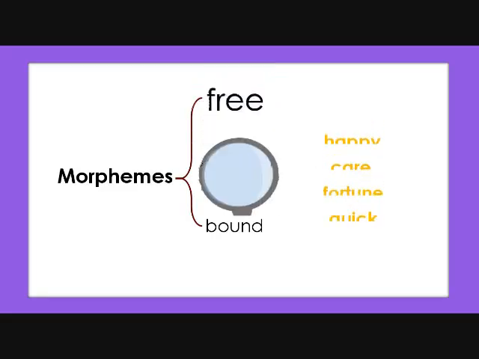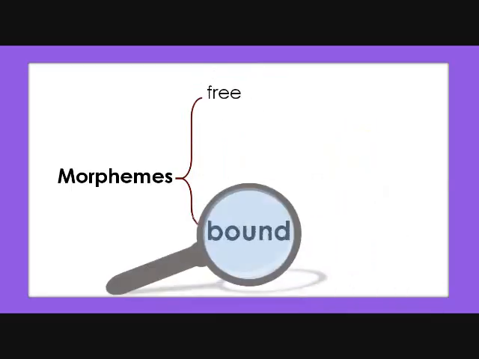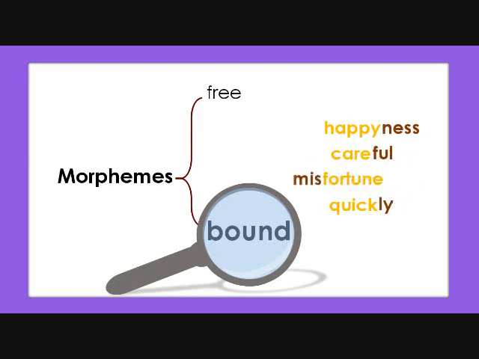Bound morphemes are, on the contrary, morphemes that cannot stand alone on their own. They are dependent. Bound morphemes are not words. They need to be with a free morpheme to make sense. Among these we have ness, full, mis, and ly. Isolated, they don't make sense. But look now. Happiness, careful, misfortune, and quickly.